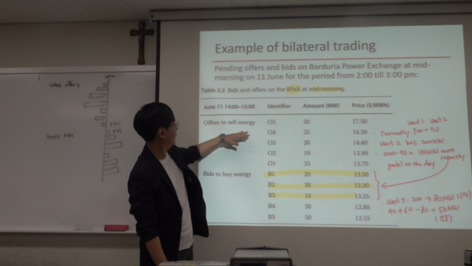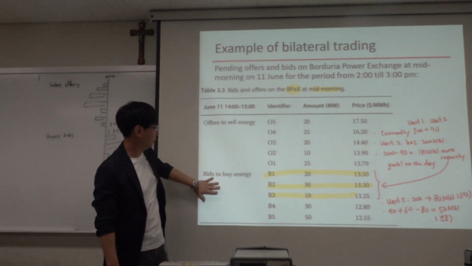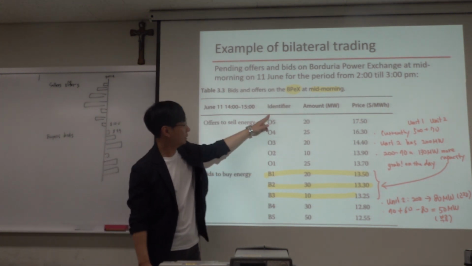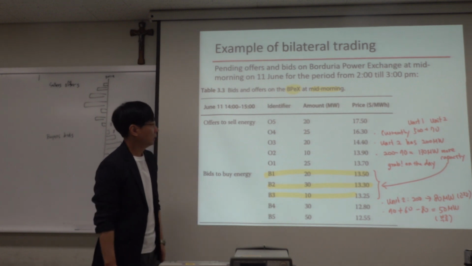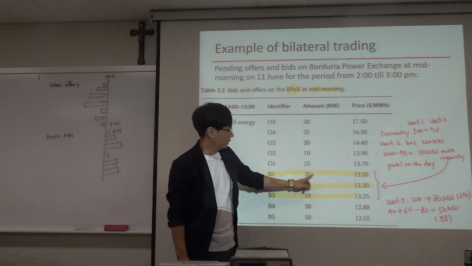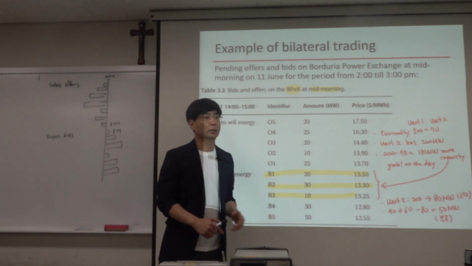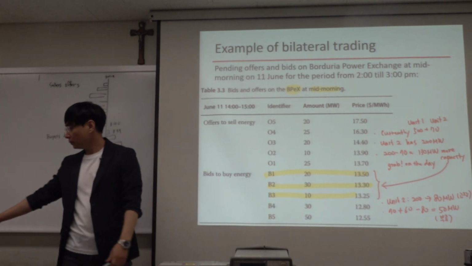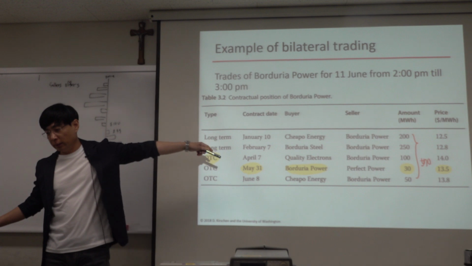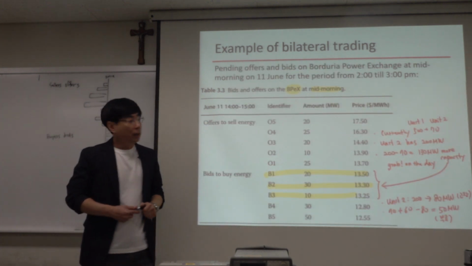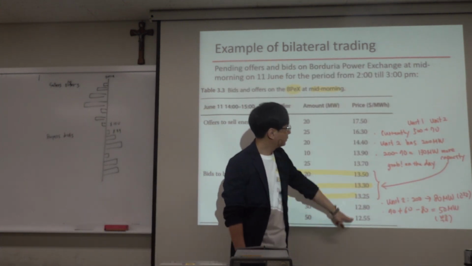You can see the offers to sell and bids to buy. These are the identifiers, this is the amount, and you see this amount is smaller than this quantity, right? And these are the prices.